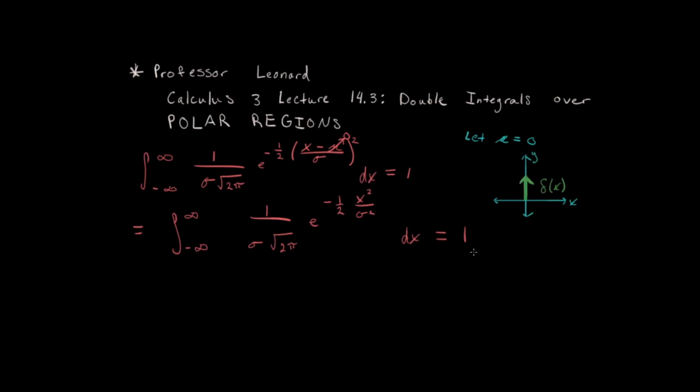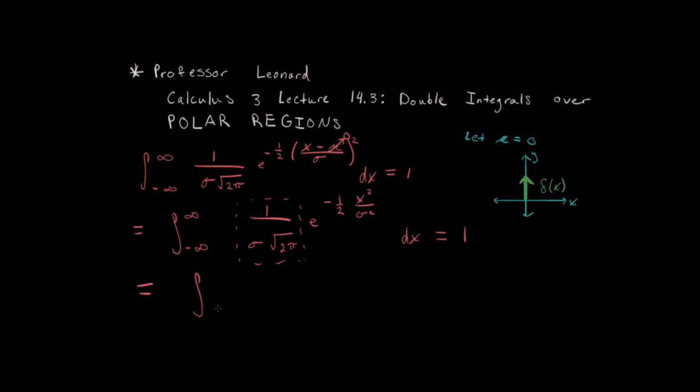Okay, so let's do some simplifications. Let's pull this guy right here out of the integral, since we're not integrating with respect to sigma, and 1 over the square root of 2 pi is just a constant. We can actually just pull out this entire boxed term over here as a constant outside of the integral.